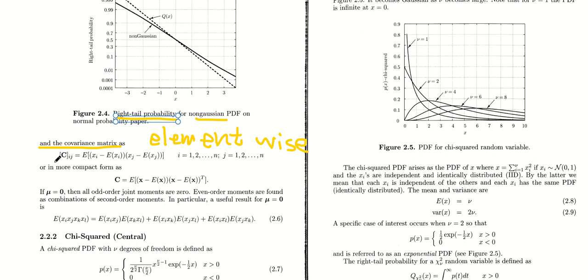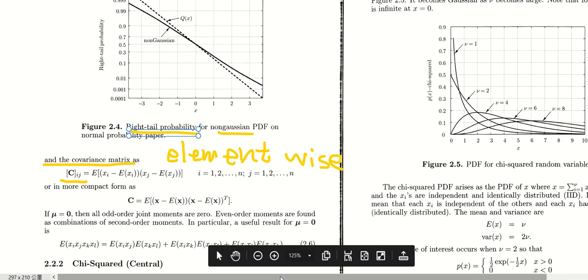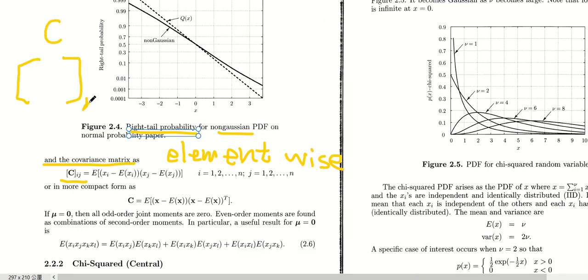So, Cij is what? Let's take a look. Cij, if I pull the details of C, this is N by N. Now ij meaning ith row, jth column. So that element is the so-called Cij.